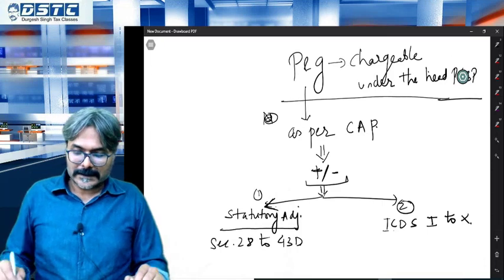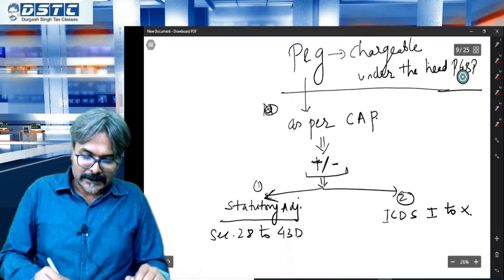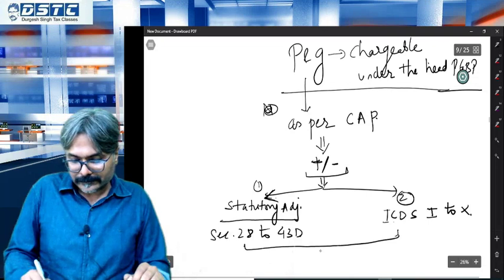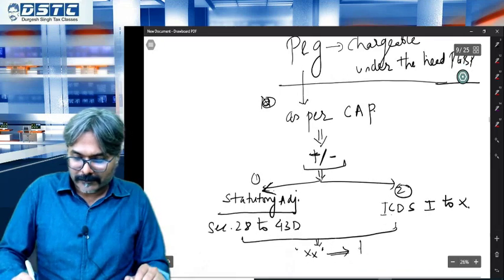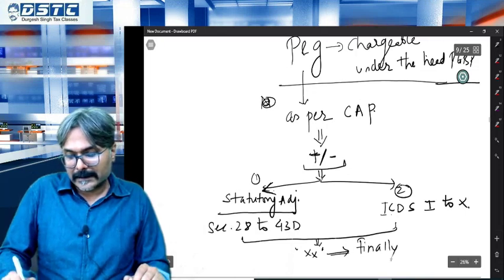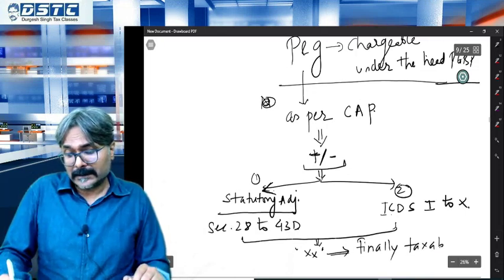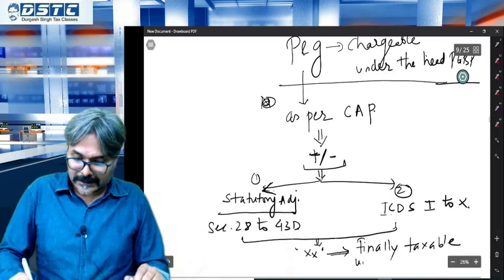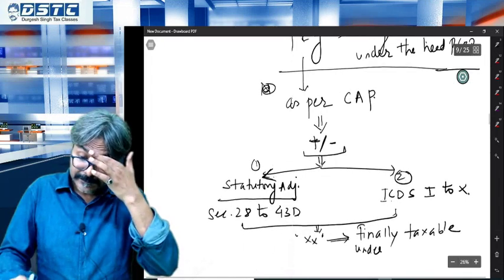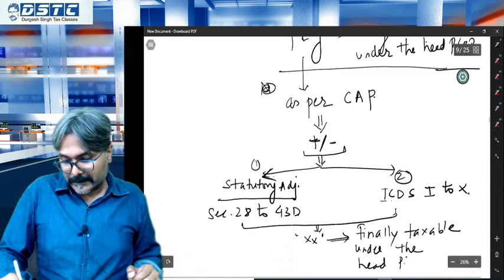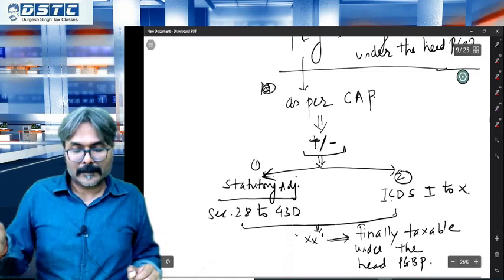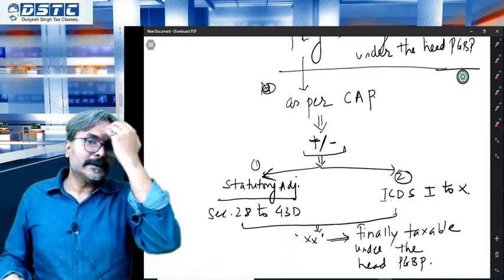So this is what will give you the amount which is finally taxable under the head PGBP.